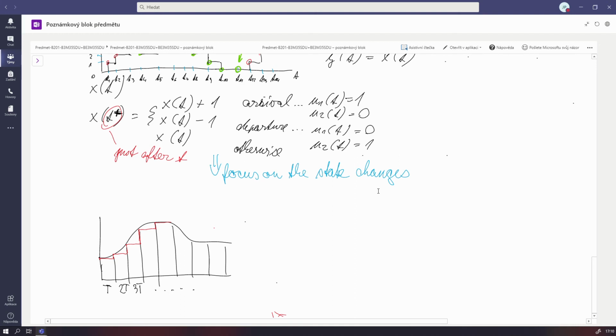And typically, in the case of the warehouse, we can define a set of events as a set having two elements, like product arrival, truck arrival.